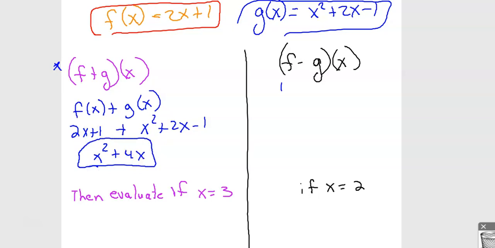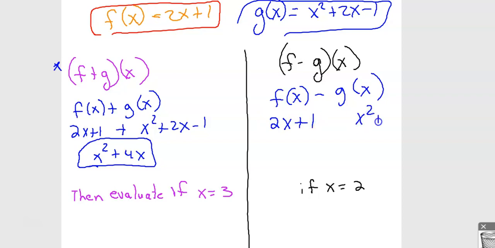So let's look at f minus g. So f minus g of x is the same thing as f of x minus g of x. Now, be careful with this one because you've got to use the distributive property. Let me show you what a lot of students will do, and it's actually wrong. A lot of students will just put a subtraction sign there.